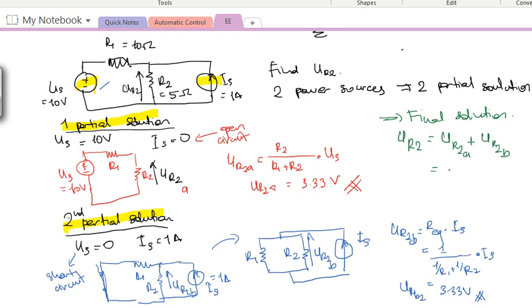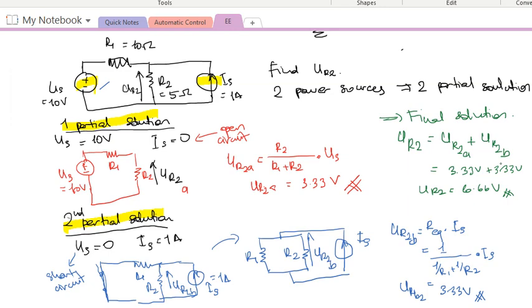If you do the numerical sum, 3.33 volts plus 3.33 volts, you're going to find that UR2 at the end finally equals 6.66 volts. So that's how you solve a circuit analysis using the superposition method.